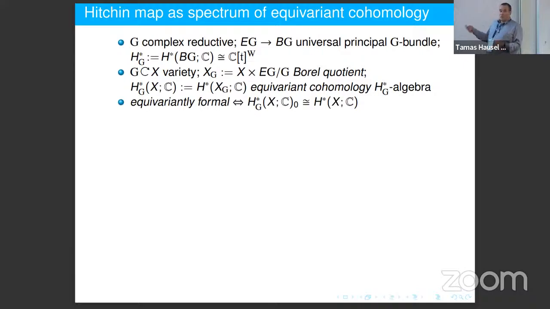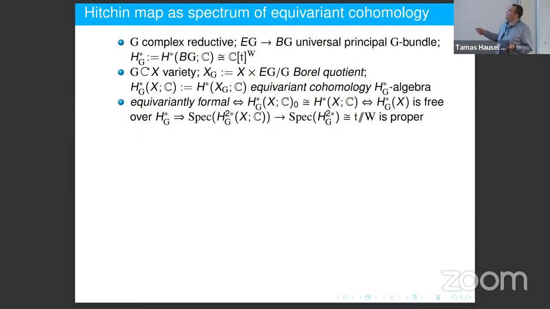We will also consider a subclass of actions, so-called equivariantly formal actions, where one way to define it is that you can recover the ordinary cohomology ring of X by restricting to the zero fiber, the maximal ideal of the origin in the quotient. Or equivalently, you can say that it is equivariantly formal if the equivariant cohomology is a free module over the base ring.